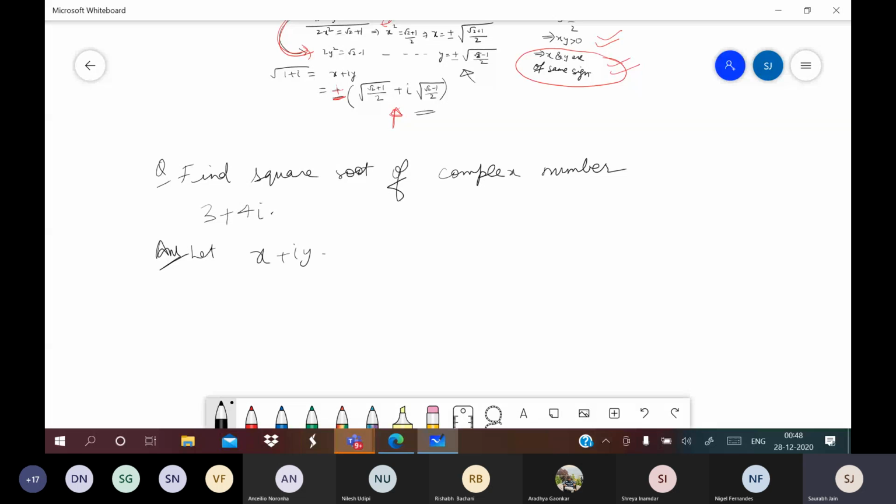Let x plus iota y be under root 3 plus 4 iota. Then we square both sides. So this will be 3 plus 4 iota.